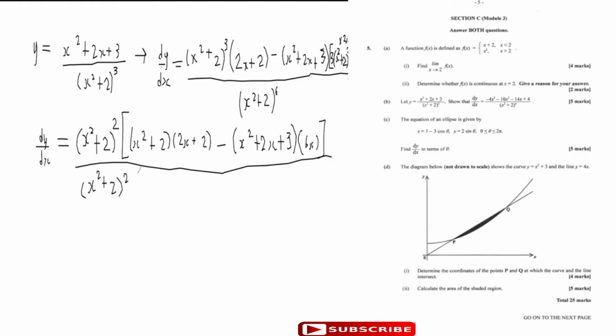And what I'm going to be left back with is x squared plus 2 being raised to the 4th power. All right, and so what happened? Then this x squared plus 2 all squared cancels. Those cancel each other.